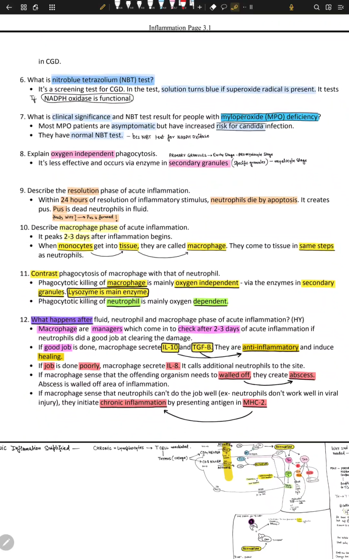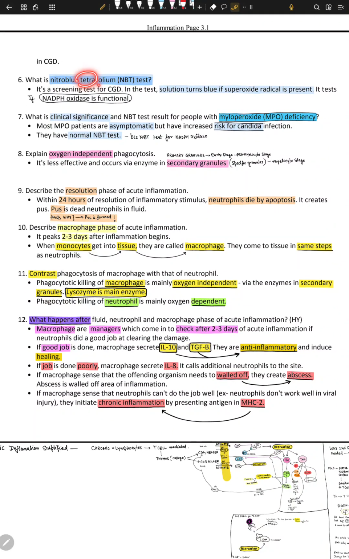What is the tetrazolium test? It's a screening test for CGD, okay? The solution turns blue if superoxide radical is present, right?